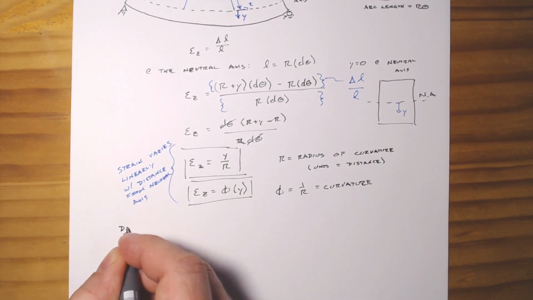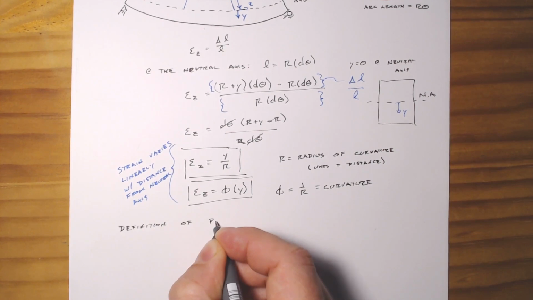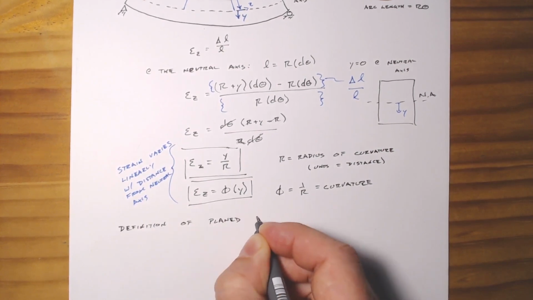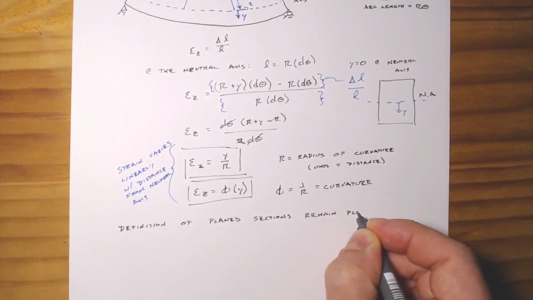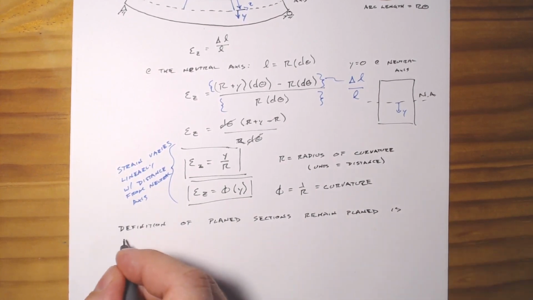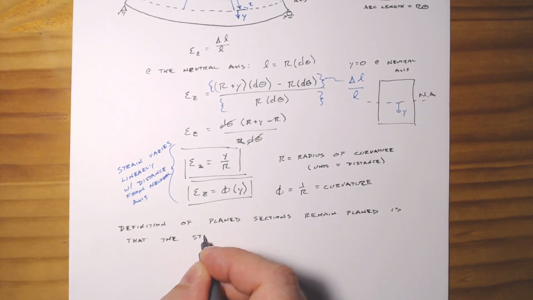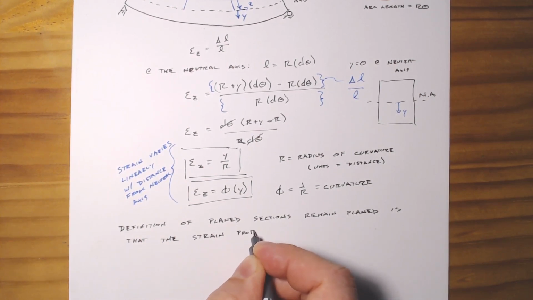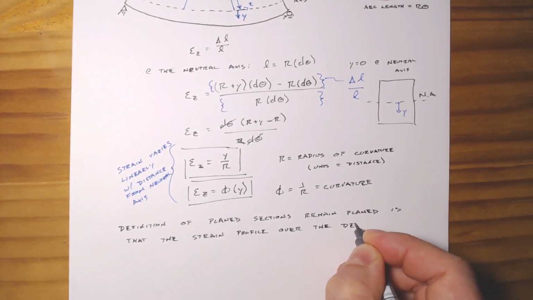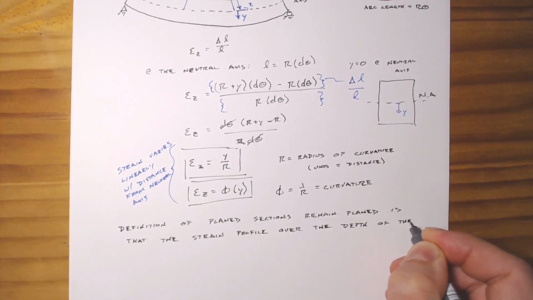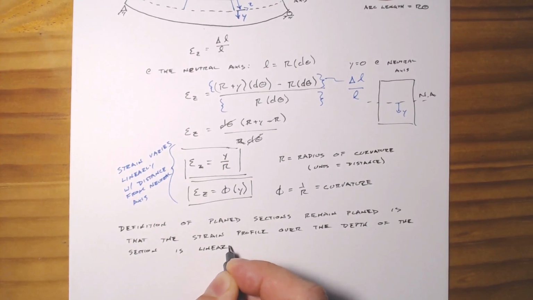So the definition of plane sections remaining plane is that the strain profile over the depth of the section is linear. So let's draw out what that means.